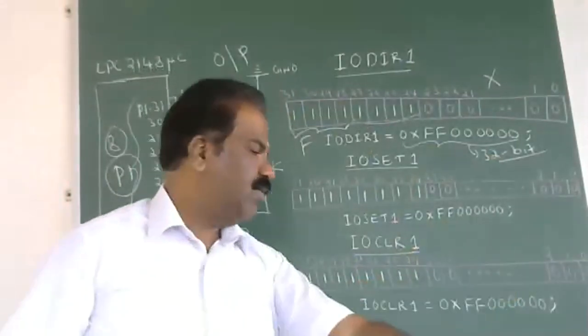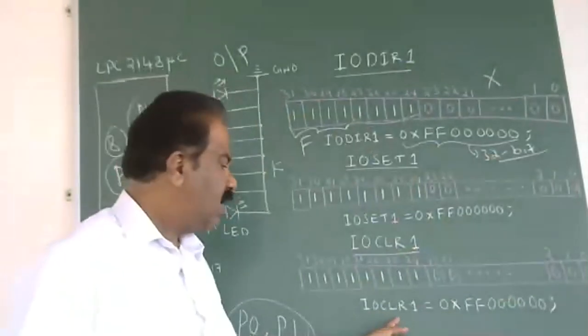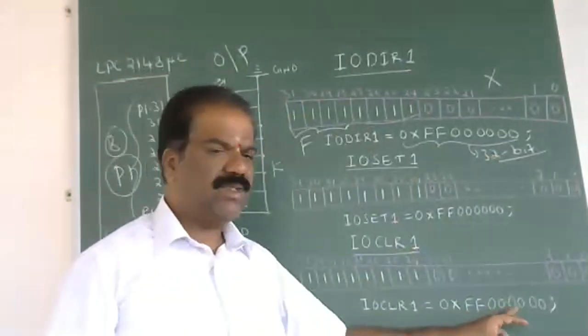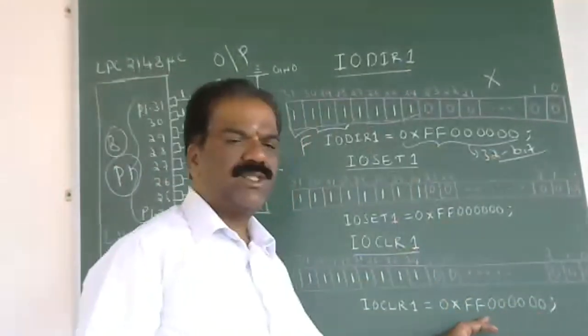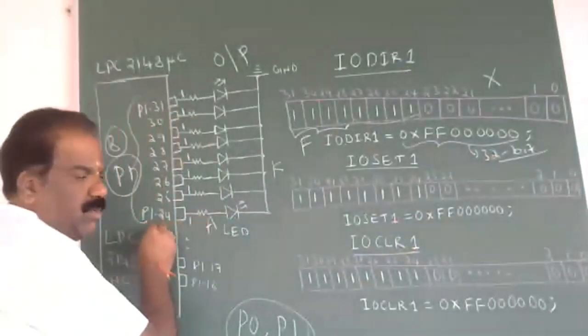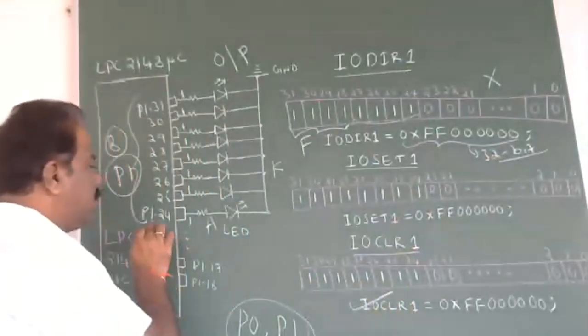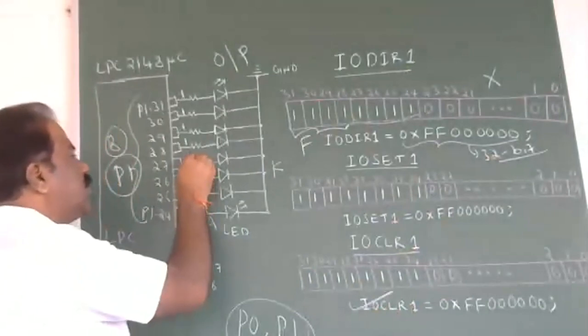Therefore, IO clear 1 equal to 0x, that is hexadecimal, FF 000000. Once you execute this particular statement, P1.24 becomes low, everything becomes low.